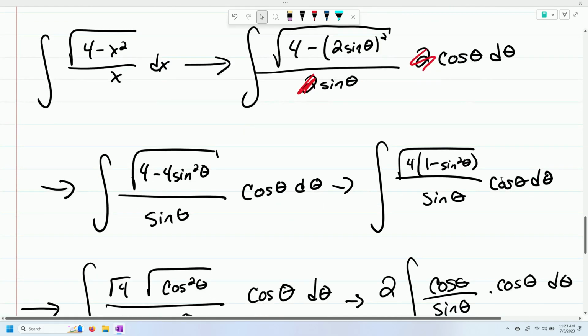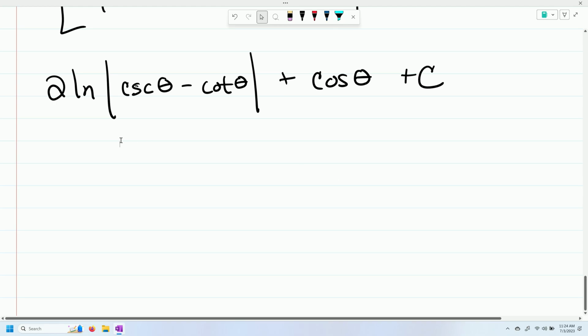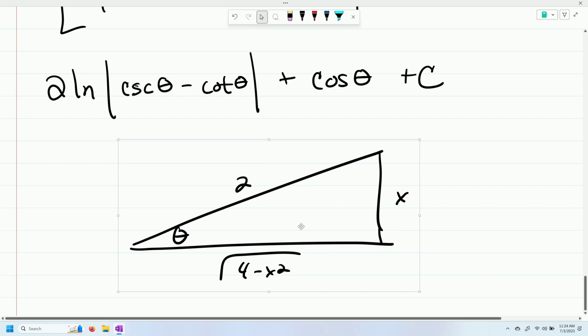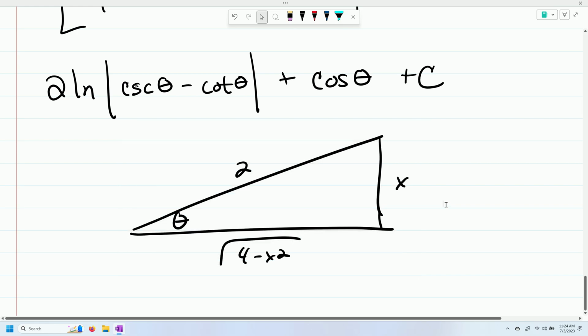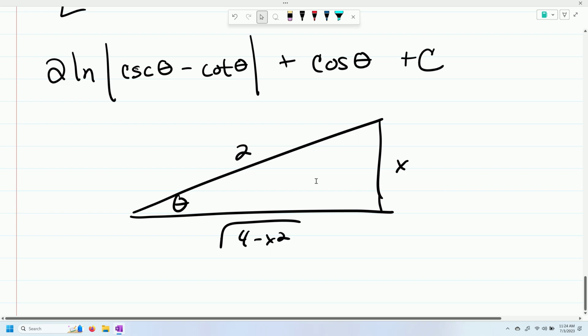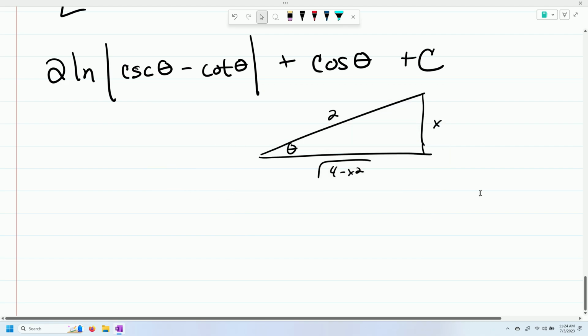I'm old school. I like doing it at the beginning, because we're going to use this to our advantage to rewrite our problem in terms of x's. Let me shrink this down a little bit so I can see it. I think that's good enough. All right, so here we go.